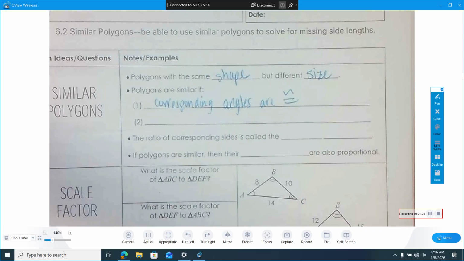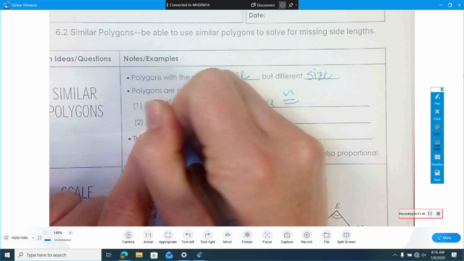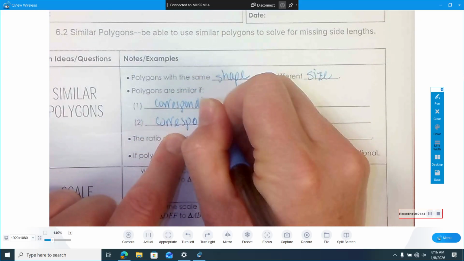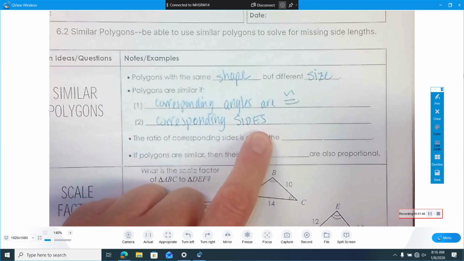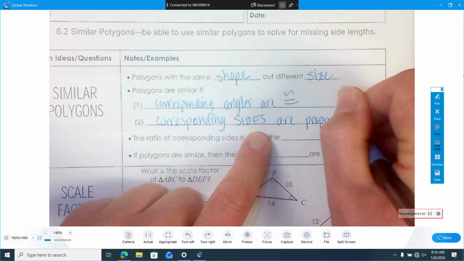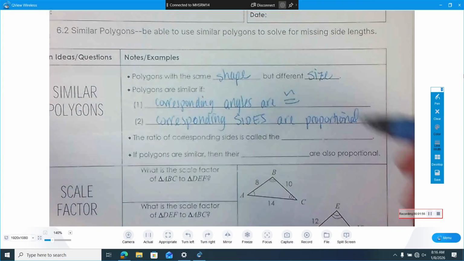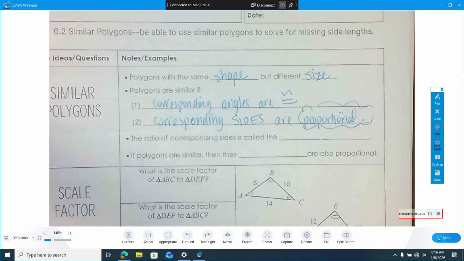All the angles are going to be exactly the same, but it turns out that the corresponding sides are proportional, which is the word of the day. We're going to be writing lots of proportions.